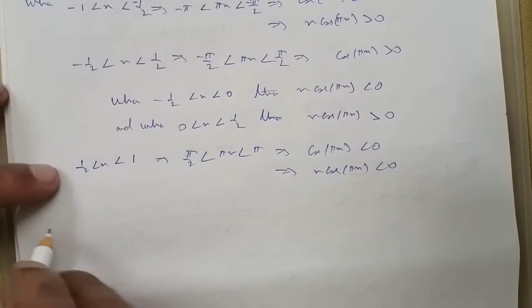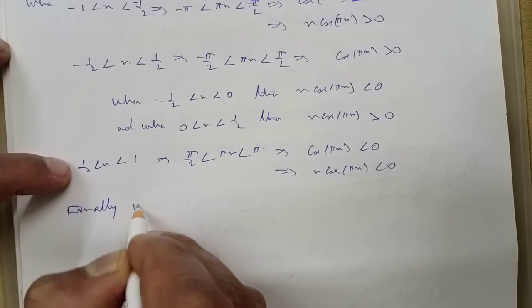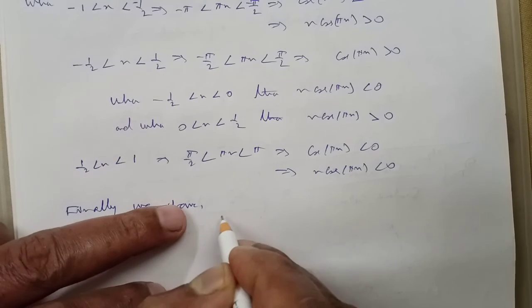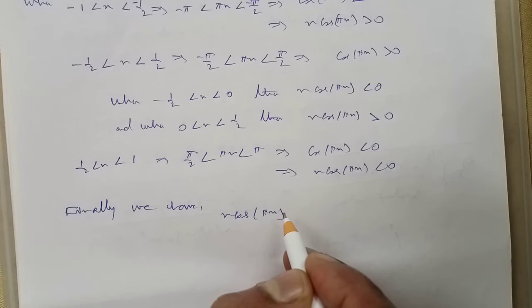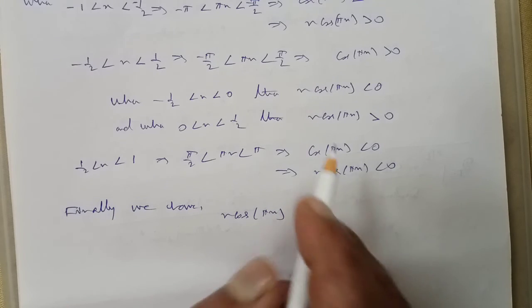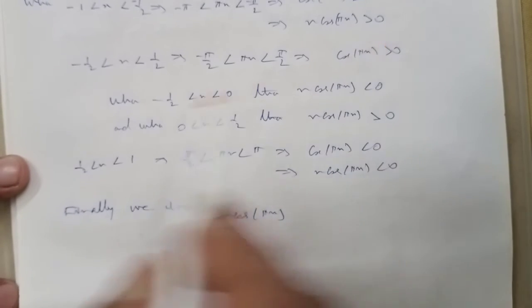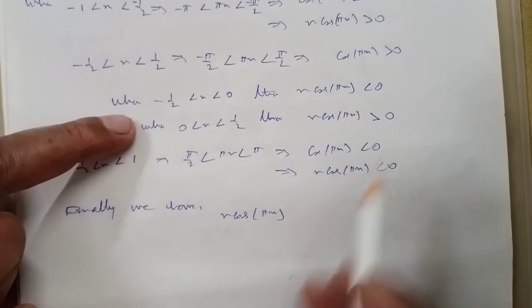So finally we have x cos of pi x, here it is less than 0.